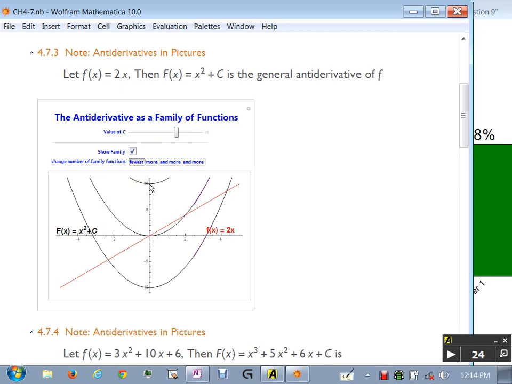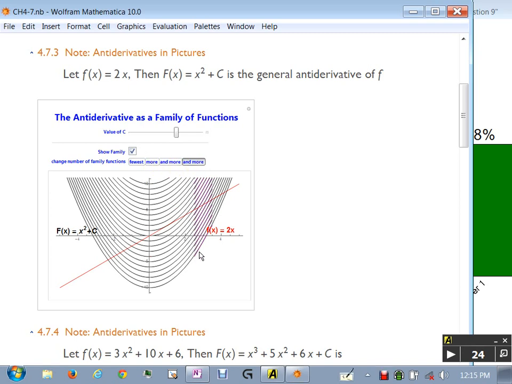Here's x squared plus 10. Here's x squared minus 10. So there's 3 of the antiderivatives. But since it was plus c, how many are there? Infinitely many.